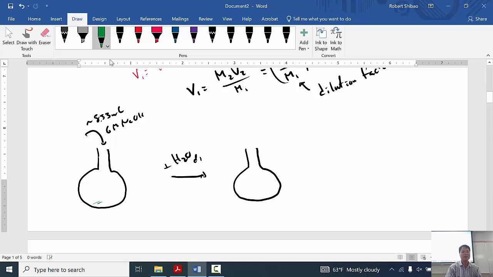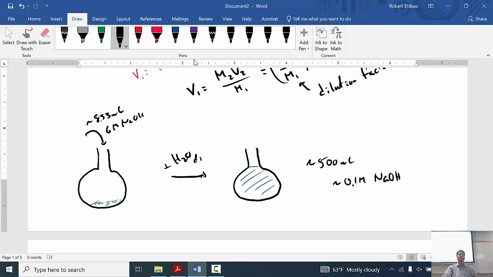So we get our concentrated sodium hydroxide in here. Actually, bases we usually use blue, but I'm going to use that for the water. And then fill it to the neck. And so this is going to be approximately 500 milliliters of about 0.1 molar sodium hydroxide.